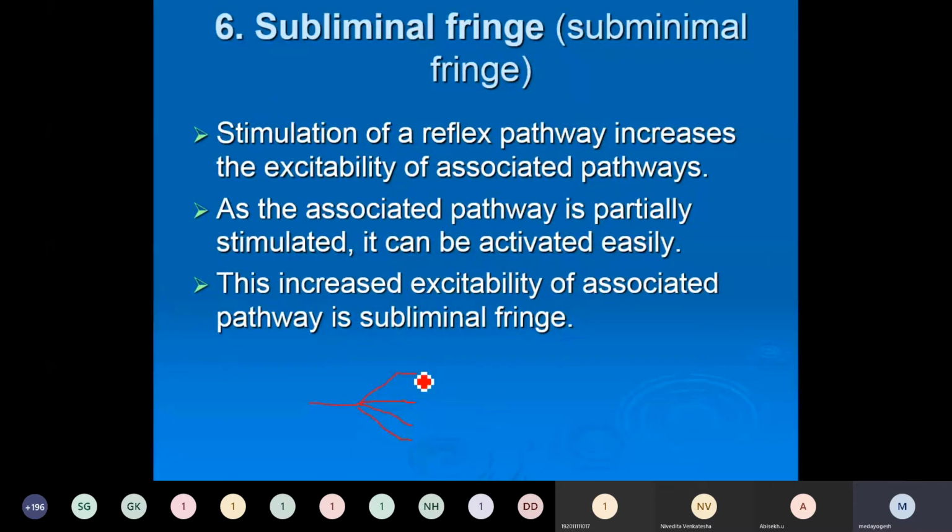This nerve is going to stimulate one neuron, another neuron here, another neuron here, another neuron here. Similarly, we'll have one more nerve. I'll draw it like this, having one neuron here, one here.